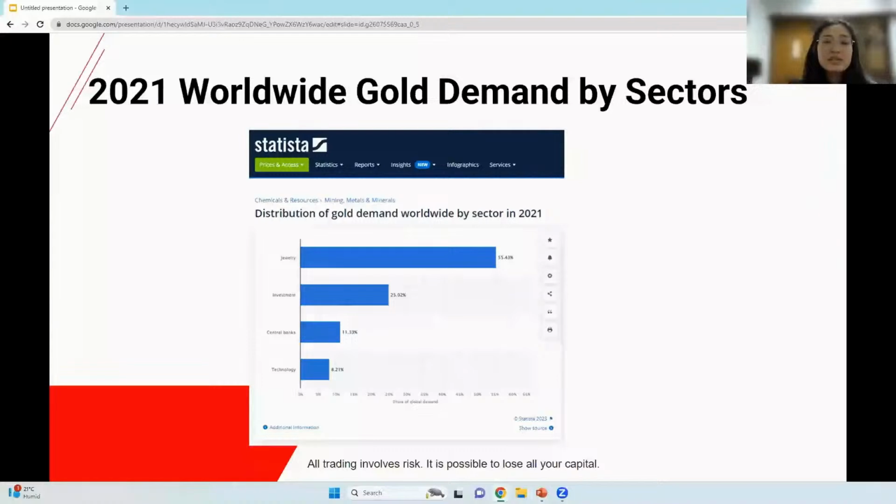And lastly, we have tech. Tech accounts for 8.21% of gold demand. There's a broad range of applications, but demand is mainly driven by the electronic sector, which accounts for about 80% of the gold that's used in technology.